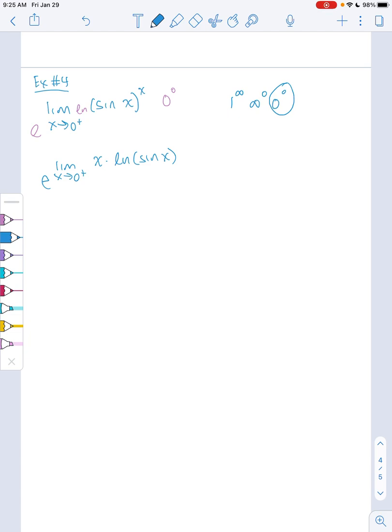You get 0 times, well, sine of 0 is 0, and ln of 0 as it approaches from the right is negative infinity. So in theory, you have 0 times negative infinity, which is one of our indeterminate forms as well. It's not the one that we want, though. We want it as a fraction, either 0 over 0 or infinity over infinity.